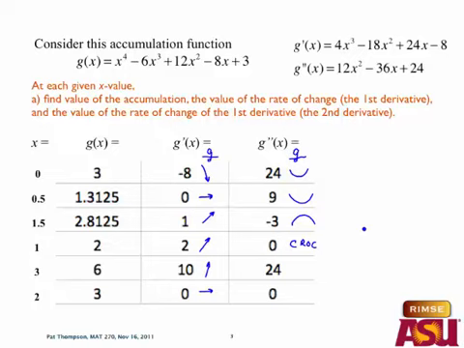So momentarily, the rate of change isn't changing. Okay, 24: rate of change increasing, g is concave up. 0 again: constant rate of change for a moment.